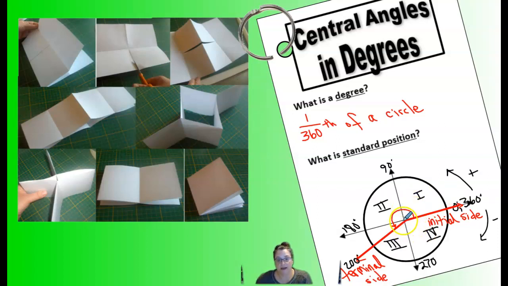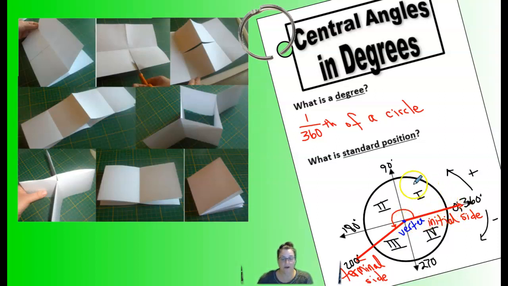And the vertex of that angle, in order to be in standard position, must be the origin of the coordinate plane and the center of the circle. So when you have a circle and you draw your coordinate plane through it, the origin is at the center of the circle and the initial side of the angle is along the positive x-axis.